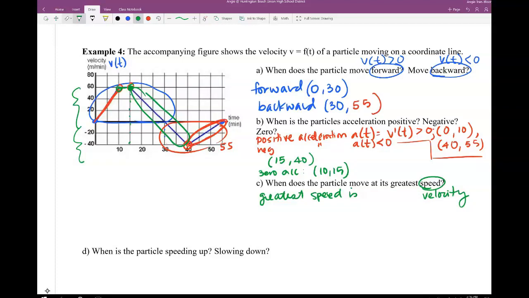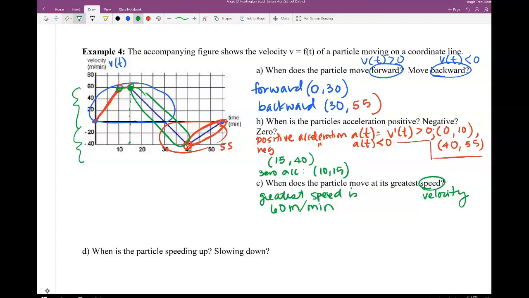So the highest number is 60 miles per minute, right? 60 miles or meters. It doesn't say m, so I'm assuming that's meters per minute, okay? And if you really want to get fancy, we can even put the time. When does a particle move at its greatest speed?